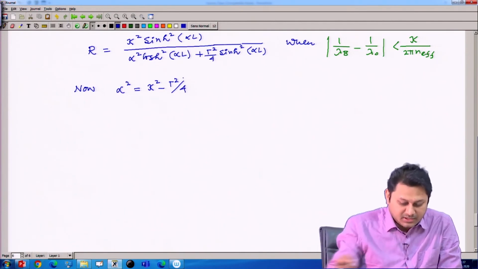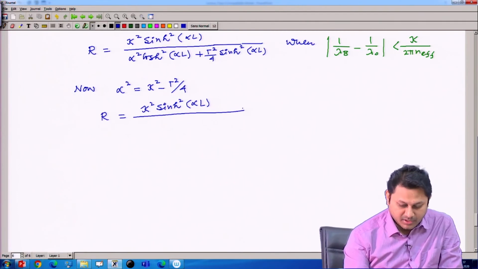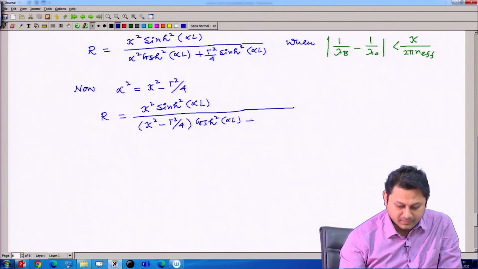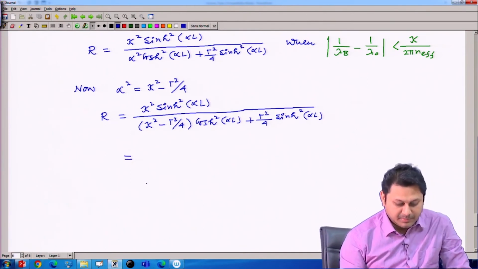I can make use of this equation and write R is equal to kappa square sine hyperbolic square alpha L whole divided by kappa square minus gamma square by 4 cos hyperbolic square alpha L plus gamma square by 4 sine hyperbolic square alpha L.